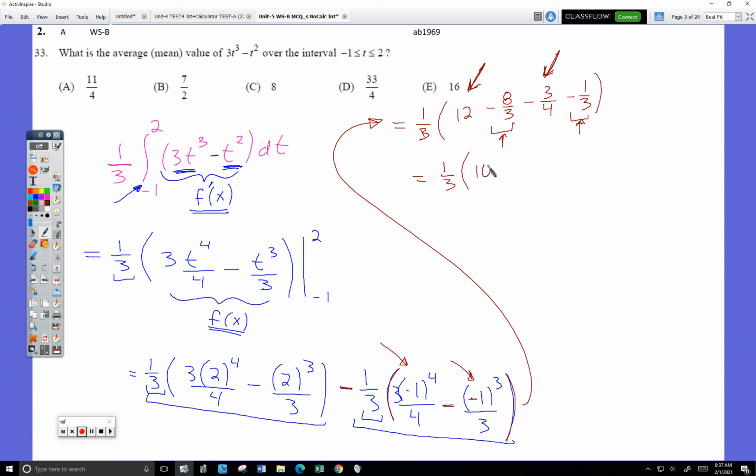No, 10 and 1/4. No, 11. Come on, brain. That's going to be 3 because it's 9/3. So 11 and 1/4.